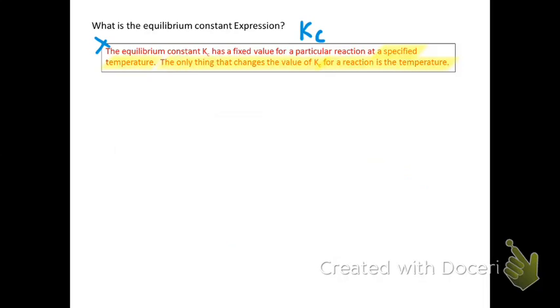All right, so now we're going to write the equilibrium constant expression here, okay? So if I had a reaction, say A plus B, and it's going to produce a reversible reaction with C plus D, okay?